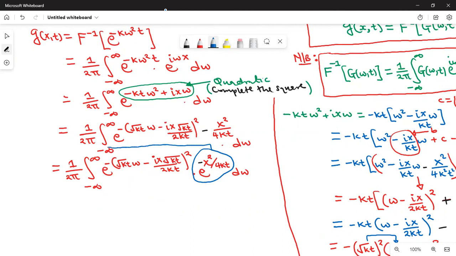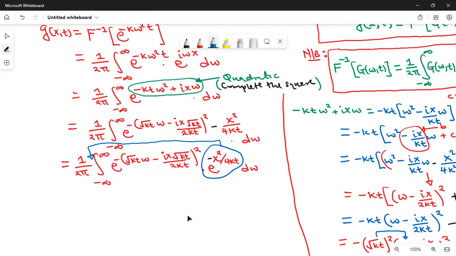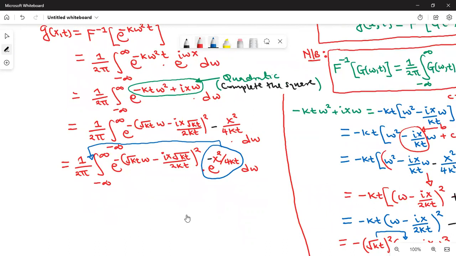Let's take it here, so that this integral can now be written as 1 over 2 pi, correction, 1 over 2 pi times exponential negative x squared over 4kt.